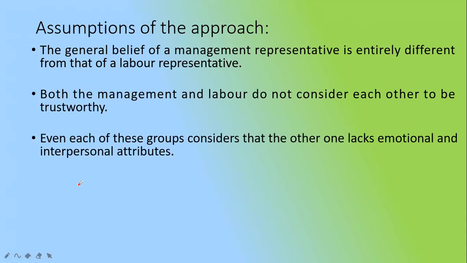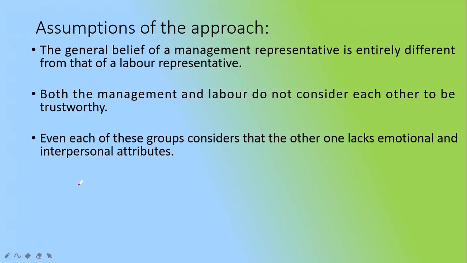Each of these groups considers that the other cannot understand their emotions and lags in interpersonal attributes. The laborers think the manager cannot understand them, and the manager feels that however much money you give, the laborers cannot get satisfied and cannot understand the emotions of management. Both are thinking in a different way.